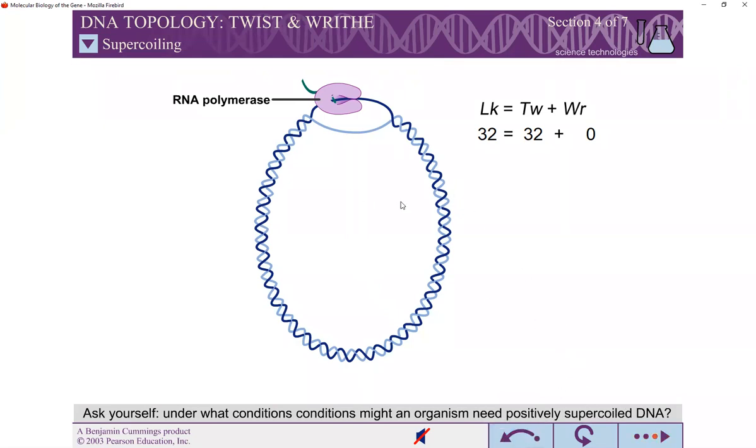When the DNA is present in an organism that is going to survive in a thermophilic environment, then positive supercoiling is present to facilitate this.